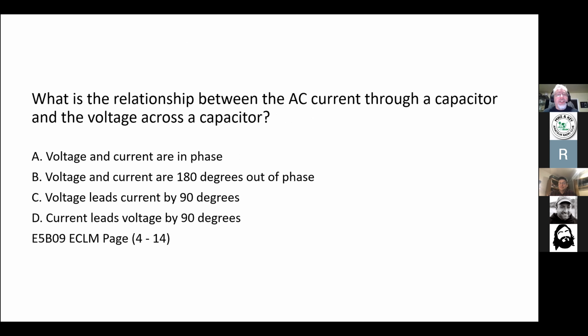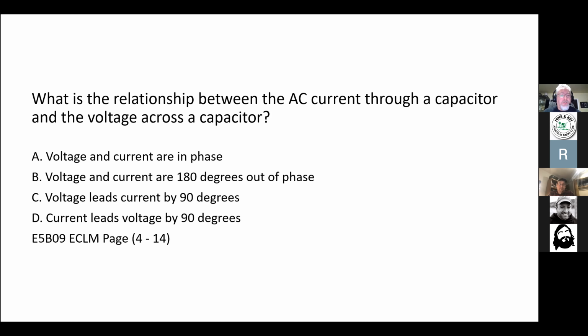What is the relationship between the AC current through a capacitor and the voltage across a capacitor? A, voltage and current are in phase. B, voltage and current are 180 degrees out of phase.